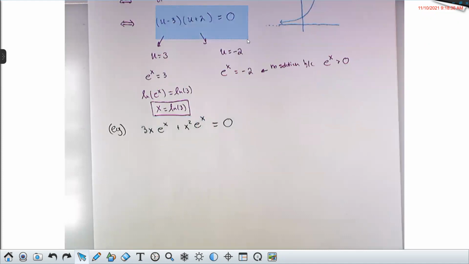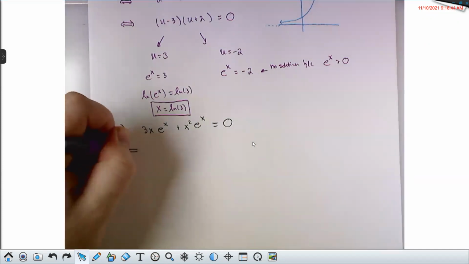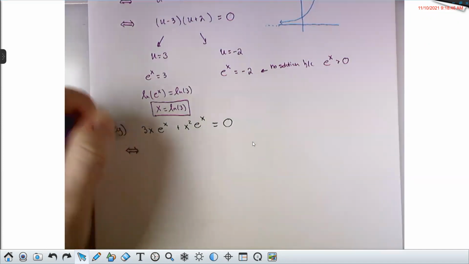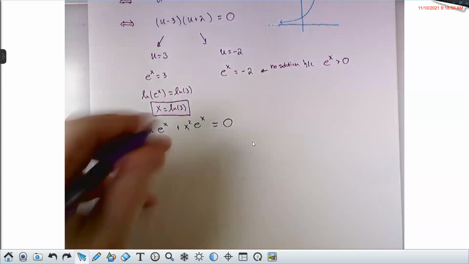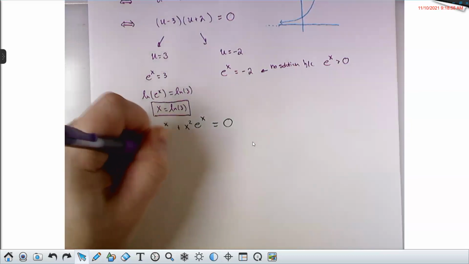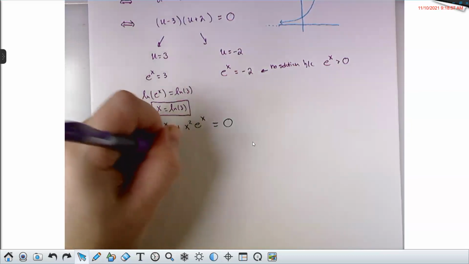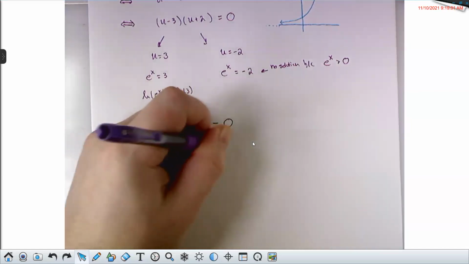So in the same way that we wanted to factor in the last one, I want to factor here. There's a common factor of x that I can pull out. In fact, let me pull out the e to the x first. So this is 3x plus x squared all times e to the x equals 0.